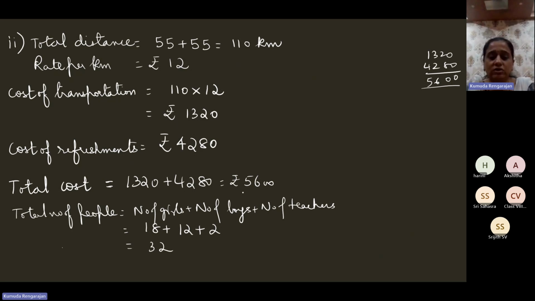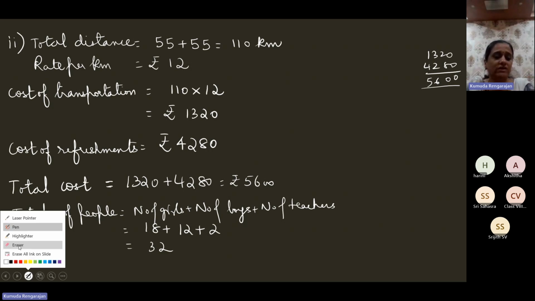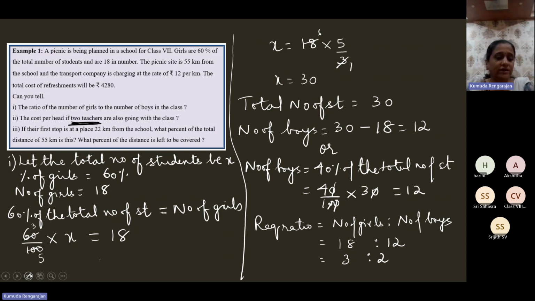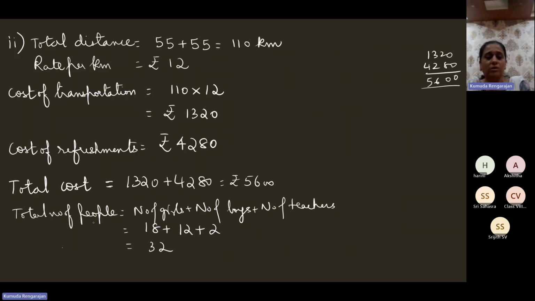So if the total cost is 5,600 and 32 people are traveling, how will they share their cost? See, have a look at the question. You should find the cost per head. If 2 teachers are also going with the class, you should find the cost per head.